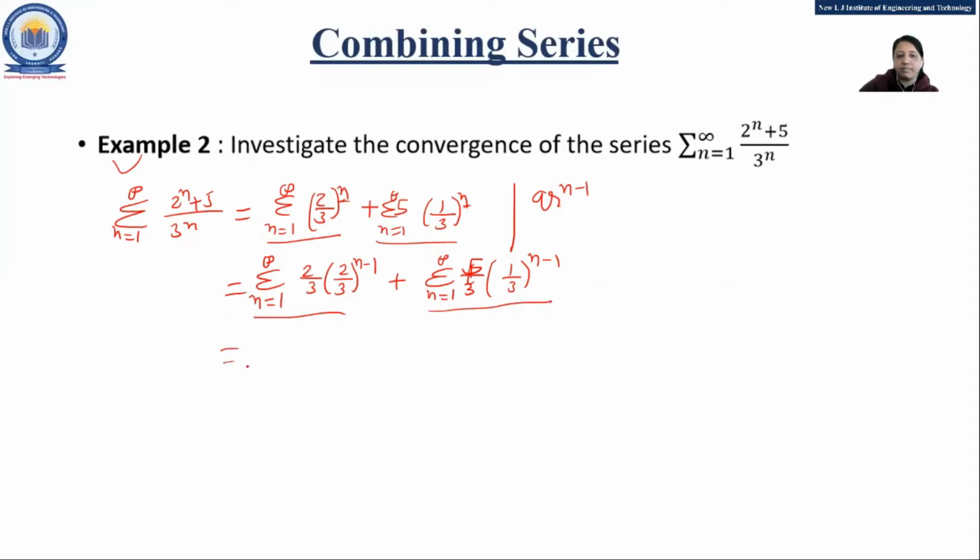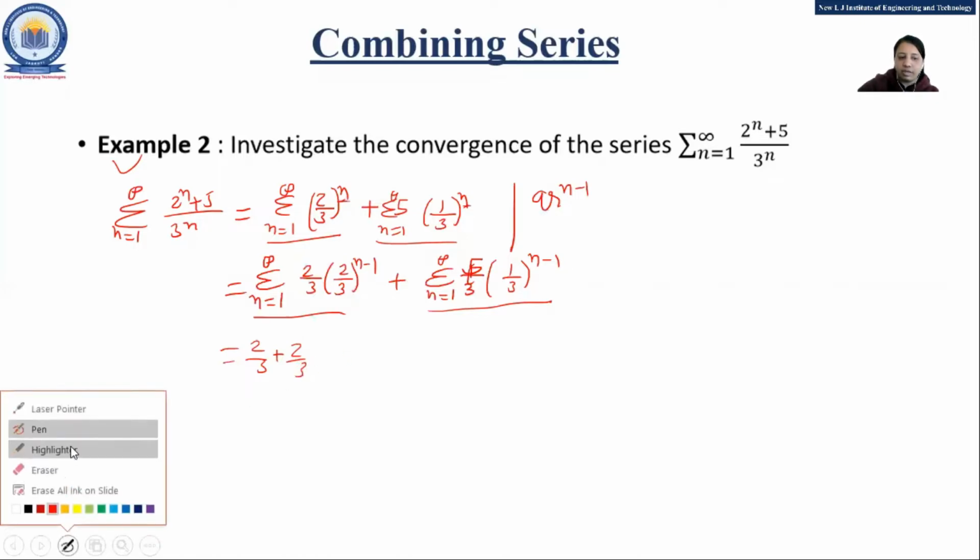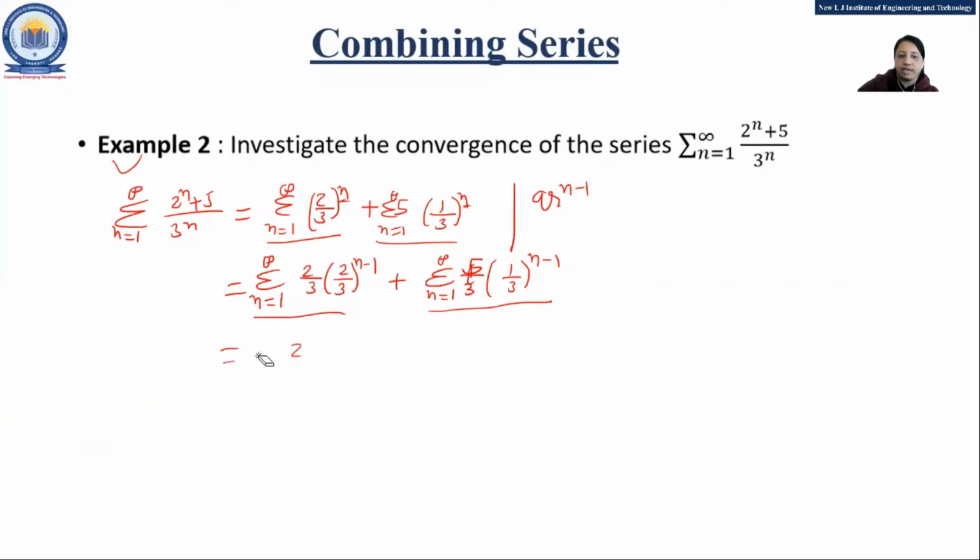Now no need to solve this, as we wrote previously: A plus AR, so 2 by 3 plus AR. No need to write that term now. If you know the series directly, you can write it down, right?